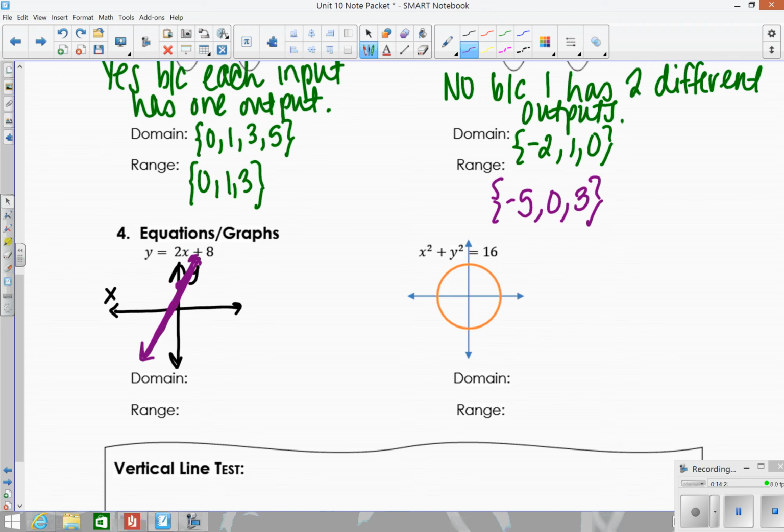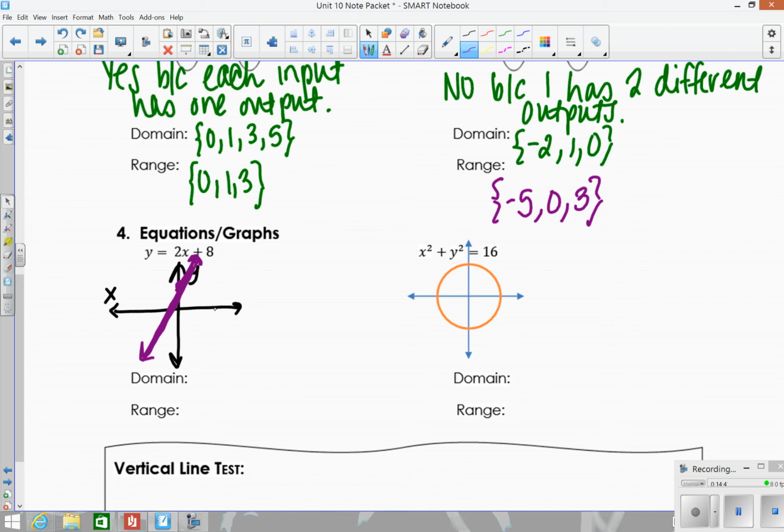So basically what you're asking yourself, does each x value only have one y value? So as I move along this line and I take any x value, so let's pretend this is like -5. If I take -5, I'm only going to get out one y value. If I take -2, I get out one y value. If I take 0, I get one y value. If I take 3, I get one y value.